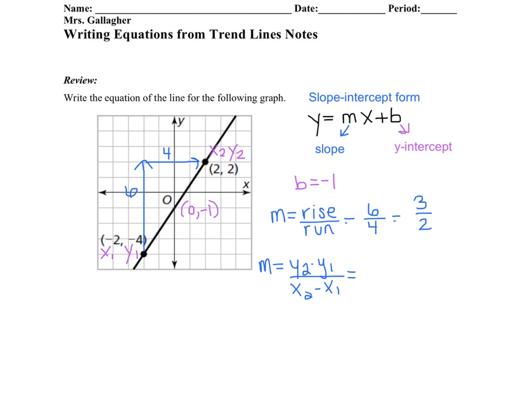So our y2 is 2 minus our y1 is -4. Then we have our x2 is 2 minus our x1 is -2.